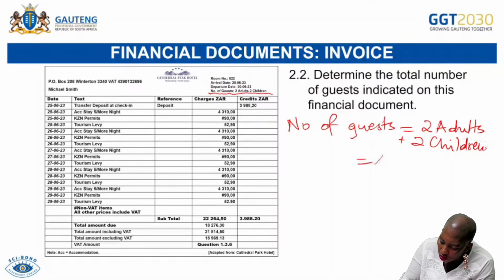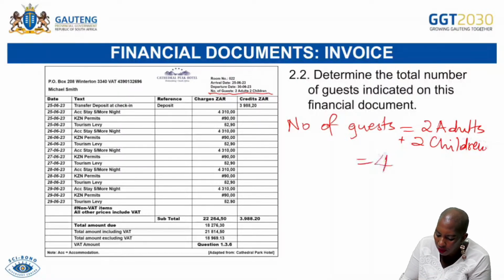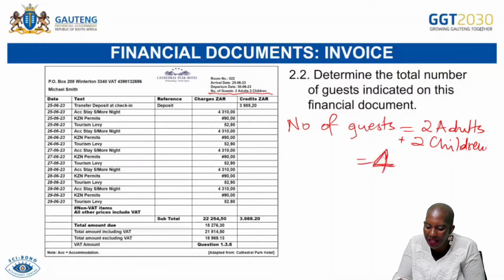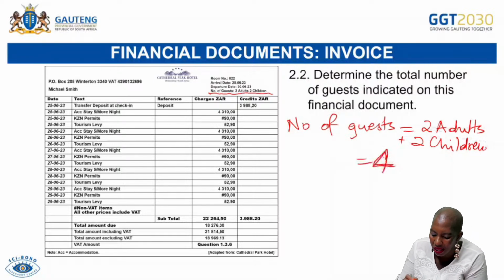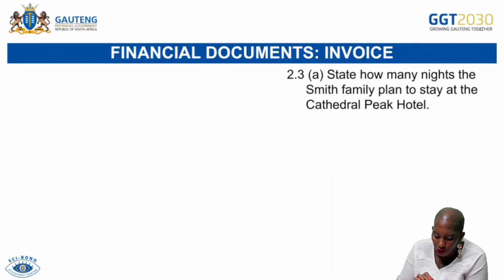So you can say the total is 4. It is 4 guests. This is the number of guests. You see, boys and girls, you can either write it as 2 adults plus 2 children, or you can just say 4 guests, because we said the number of guests. It is 4. And then let's move to the next one.